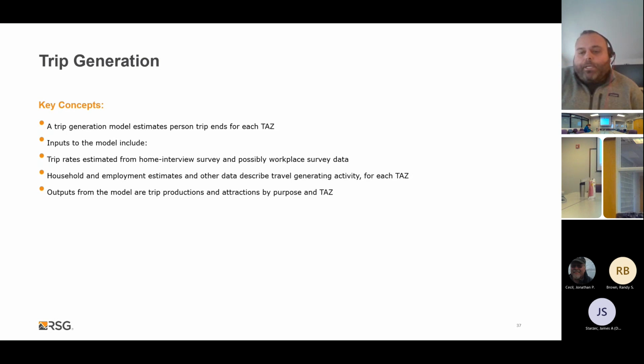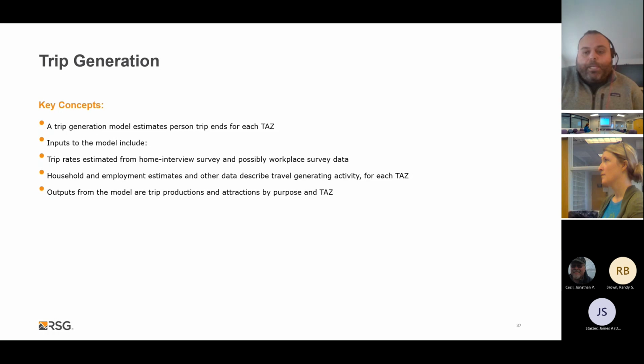So say we have 4 income ranges, low, medium, high, and we have 3 purposes: home-based work, home-based other, home-based shopping. We're developing trip productions and trip attractions for the total zone at the household level. And those rates are developed at the household level from the household travel survey. So we know that there are so many home-based work trips by an income category that are conducted by a household, and those are fed into the model.